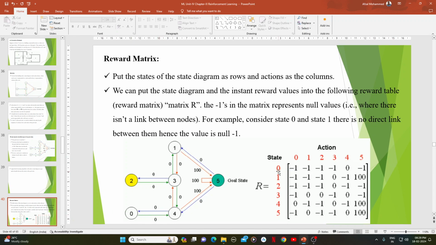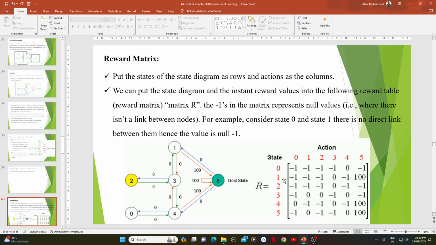So 0 to 4 it is 0, and 4 to 0 also it is 0. Okay. Can we move 0 to 1 directly? Not possible. See here, 0 to 1 directly is not possible, so -1. Same thing, 1 to 0 also -1. It is not possible. So hope you understood how we made this reward matrix.